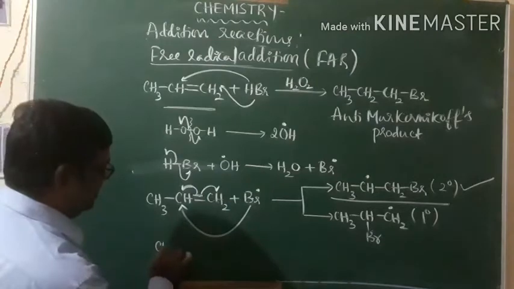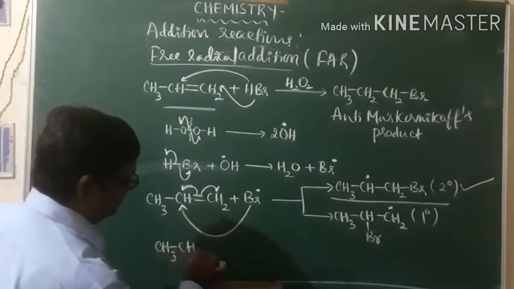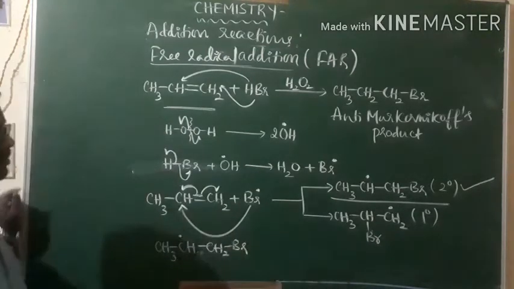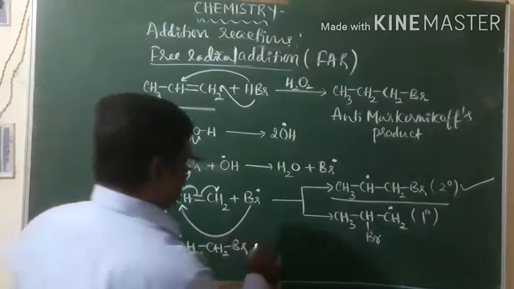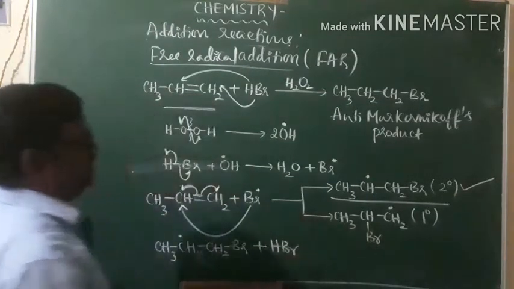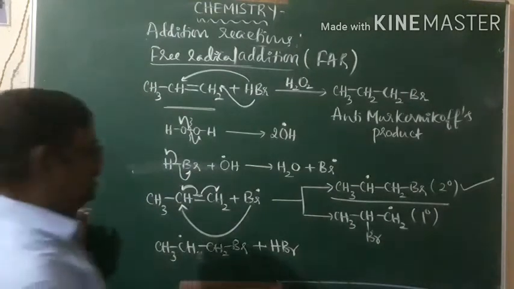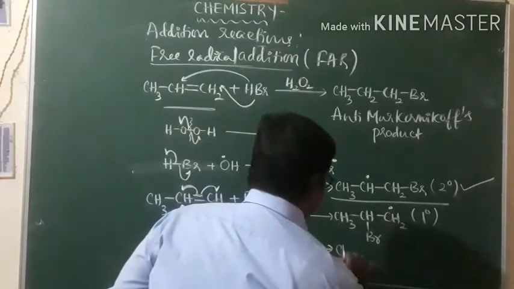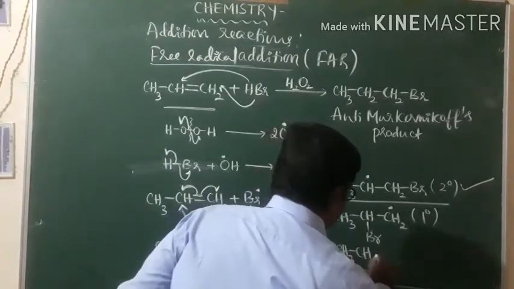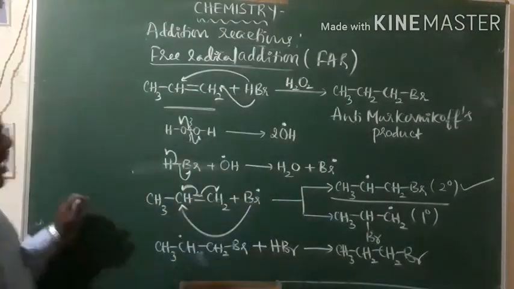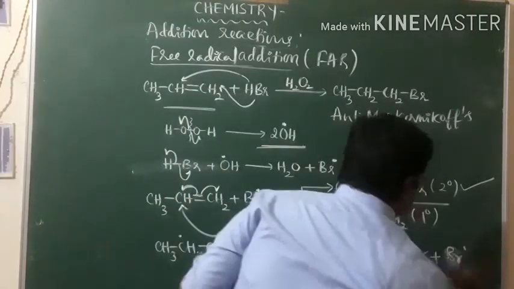In the end, this CH3 CH dot CH2Br combines with HBr. H dot will be attached to this carbon, so CH becomes CH2, and you get CH3 CH2 CH2Br, along with the formation of Br dot.